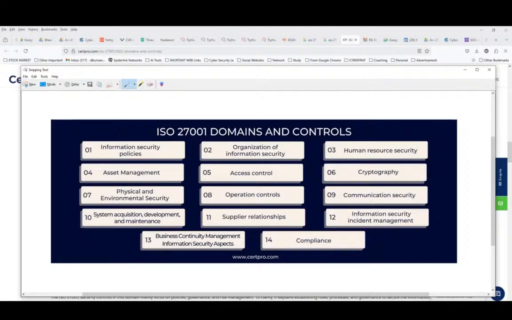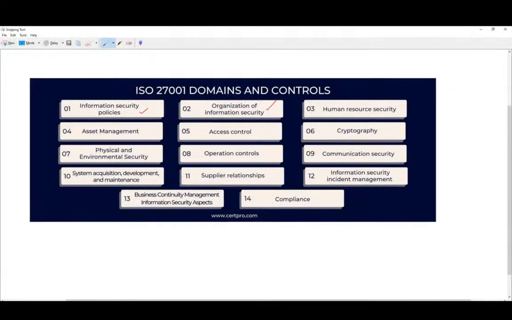Then we have organization of information security, how you organize it. Then we discuss human resource security, how you secure HR data. What is an asset, and how do you manage all those assets? What is access, and how do you control it? What is cryptography? What is physical and environmental security all about?